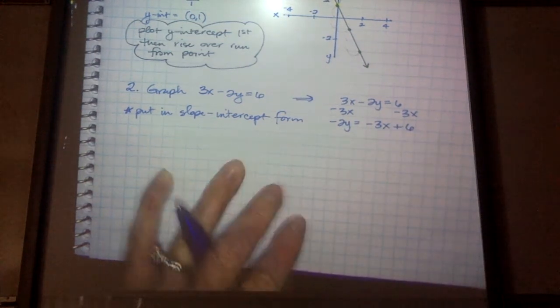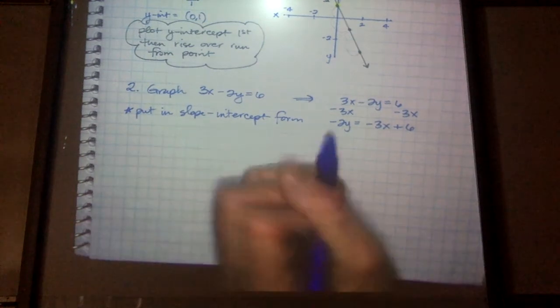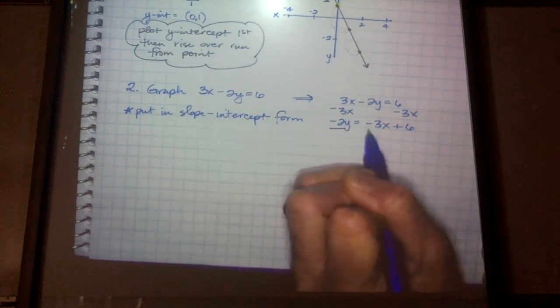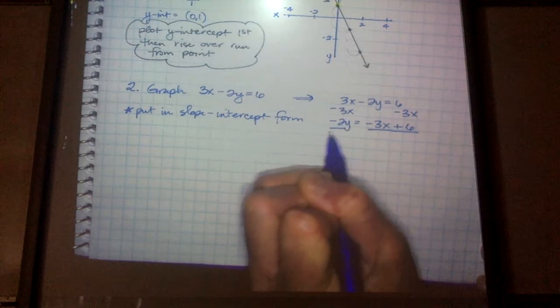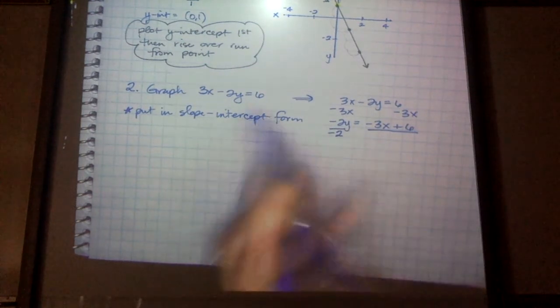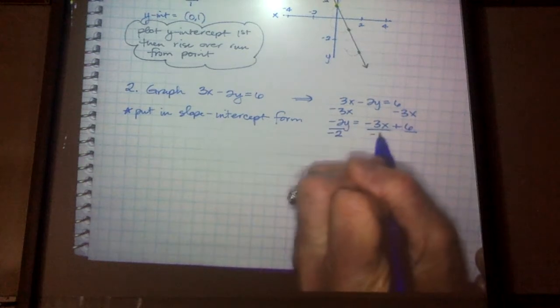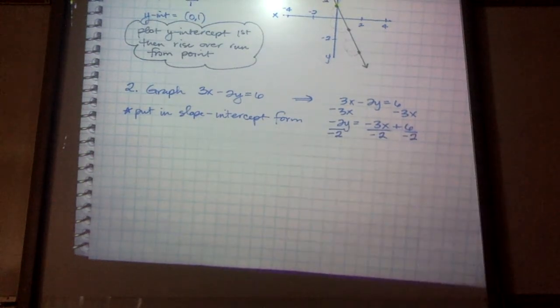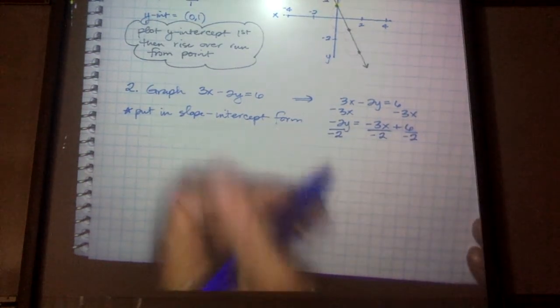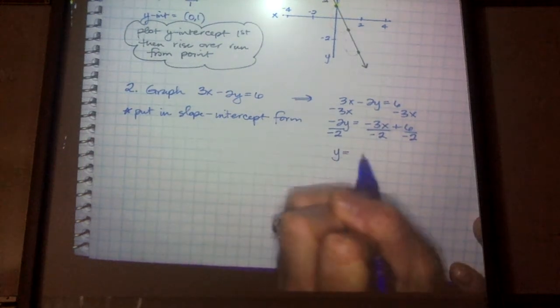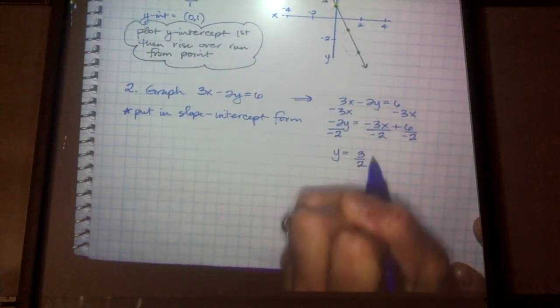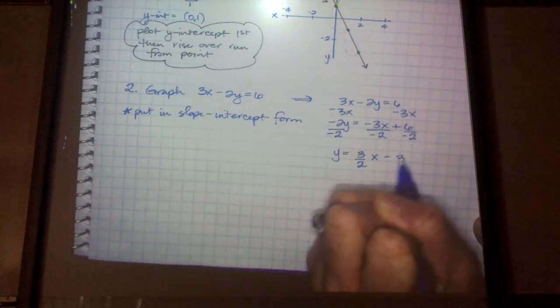Notice I wrote the right-hand side in order. Then I'm going to divide everything by negative 2. So I'm dividing each term by what's in front of y. So this is y equals 3 over 2x minus 3.